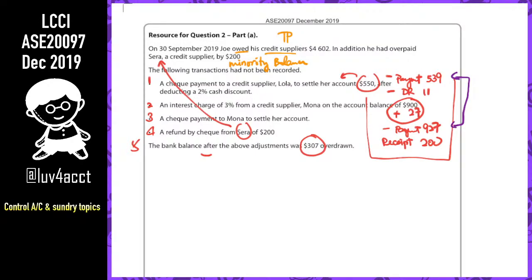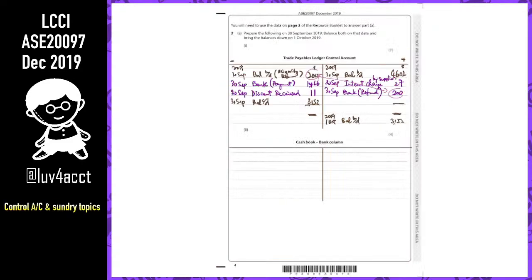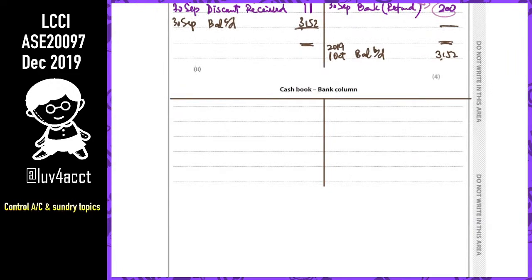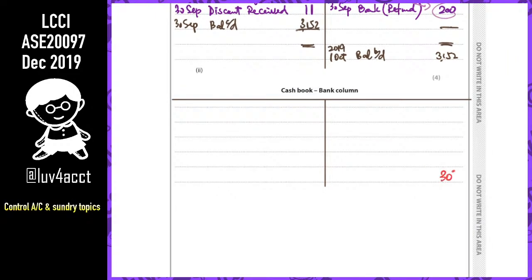So you will need 4 items before the closing balance. 307, this is the balance brought down. Bank overdraft. It is positive in the debit side, negative in the credit side. So year 2019, 1st of October, you have this. And to bring it back, you have 307 balance carry down here, 30th September.